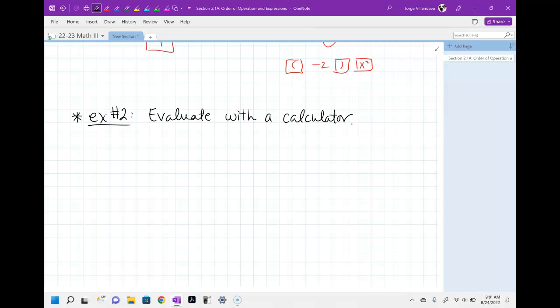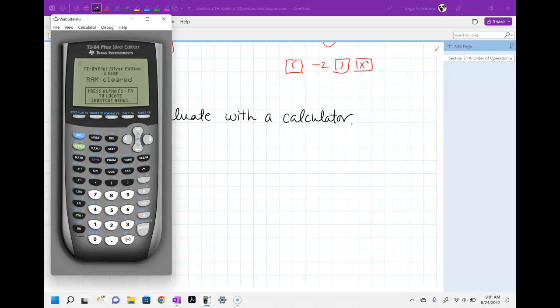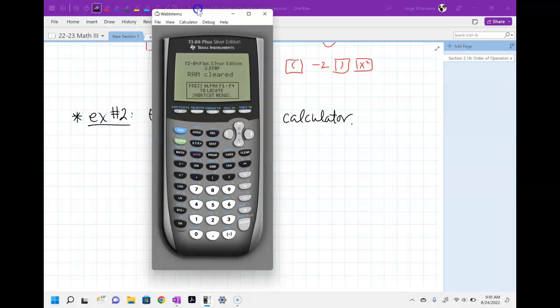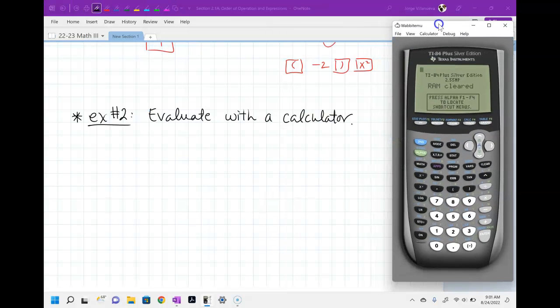Now I'll put a calculator up here so we can kind of see it, but let me move this calculator to the side. Give me a second. By the way, if you would like a calculator like the one you see on your cell phone, if you have an Android, you can do that. If you have an iPhone, I can try to help you get it.